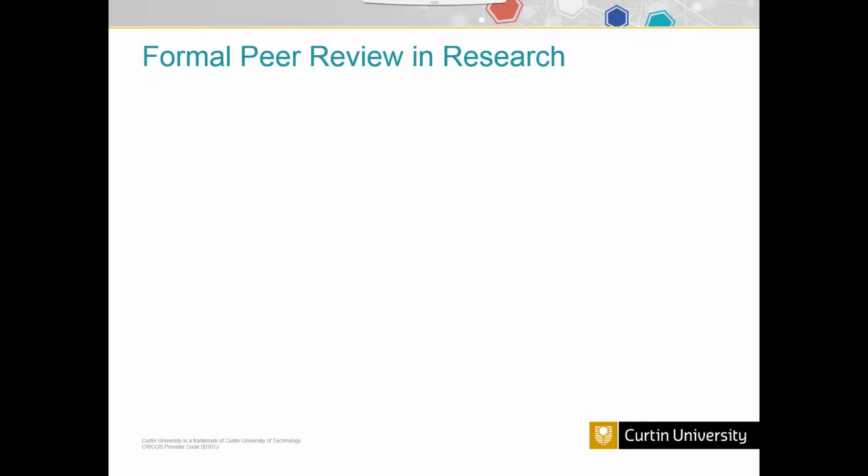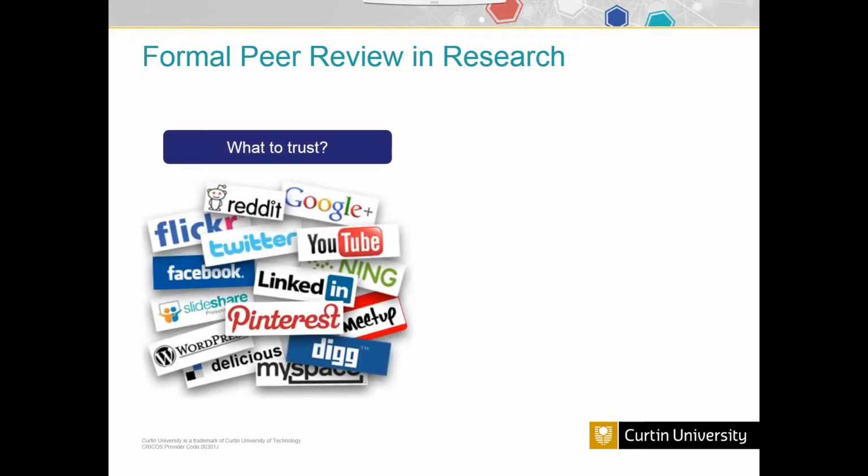Peer review of research is the foundation of the acceptance of new knowledge and has been so for centuries. It was originally established to allow quality control over the work that was placed in the scientific domain. Today, with an enormous amount of freely available information on devices that we carry in our pockets, a process of quality control that presents a trusted source of information is now arguably more important than ever.